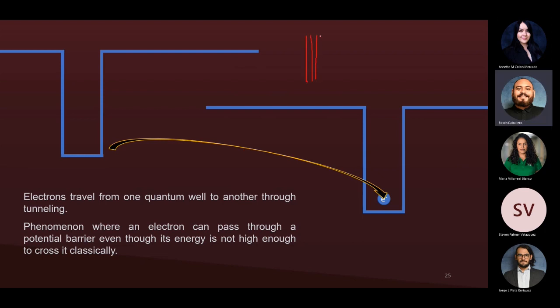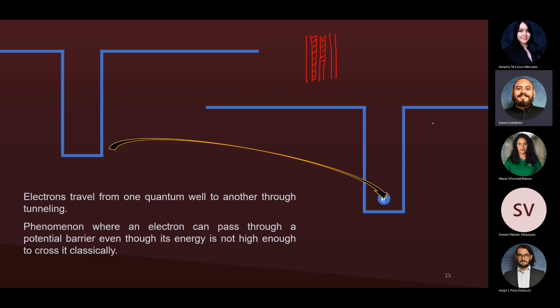So you have multiple semiconductors here. And let's say that this one right here with the dashed lines is going to be our quantum well with the two semiconductors by the side. And then you're going to have another quantum well. And you're going to have another quantum well.